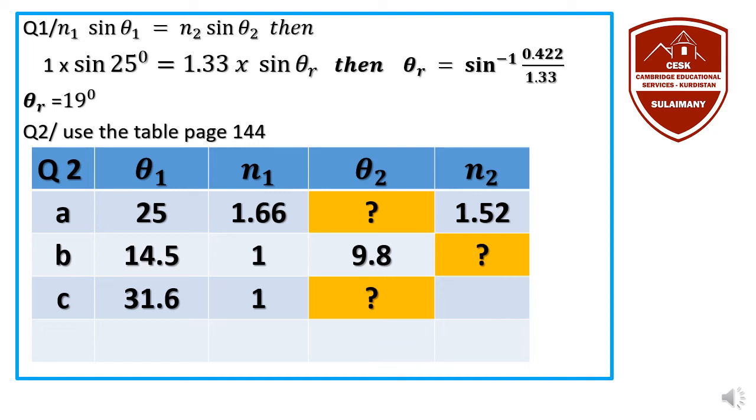This is theta 1, 1.66 is N1, and theta 2 unknown, N2 1.52.